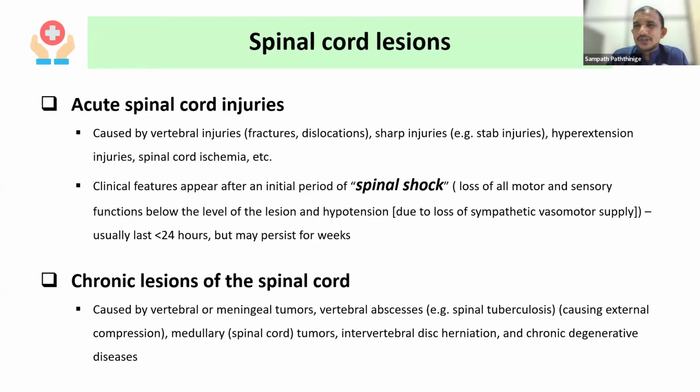All the motor and all the sensory functions below the level of the lesion are lost, right? But later they will appear. You see the classical features in chronic lesions, and also in acute lesions, usually after about 1 day, when they develop the real neurological symptoms.